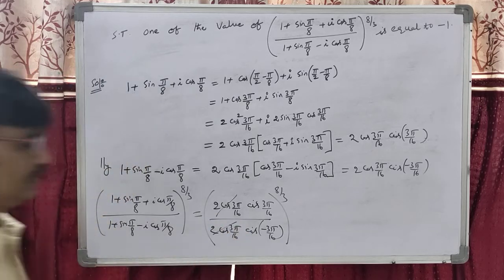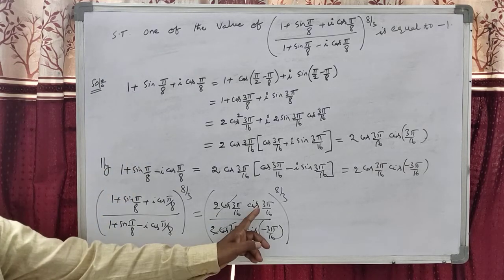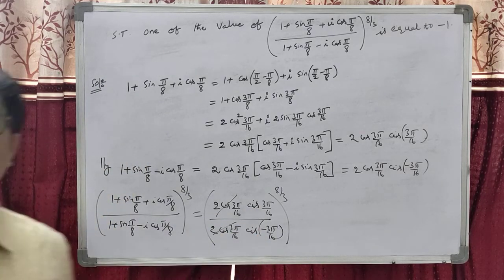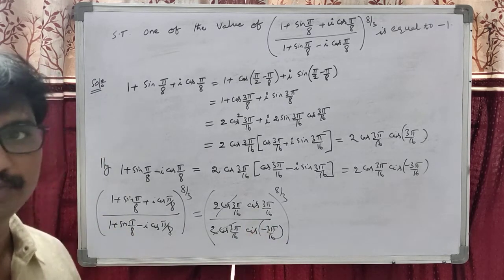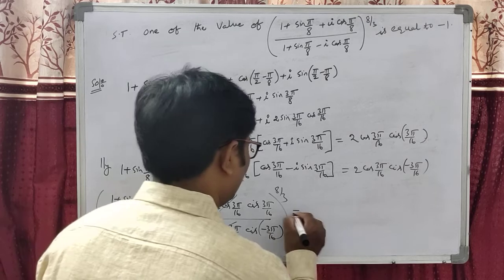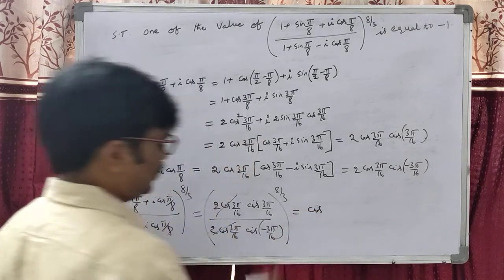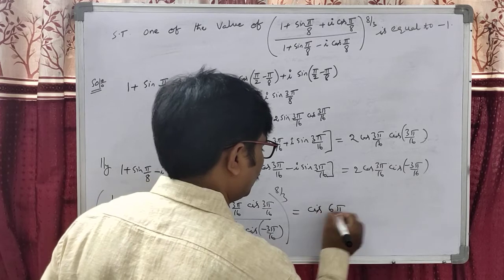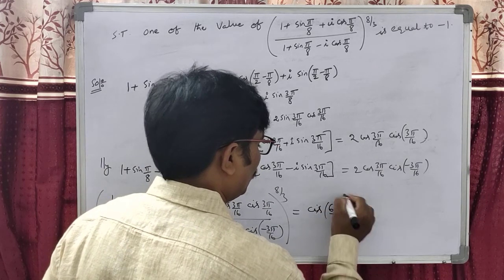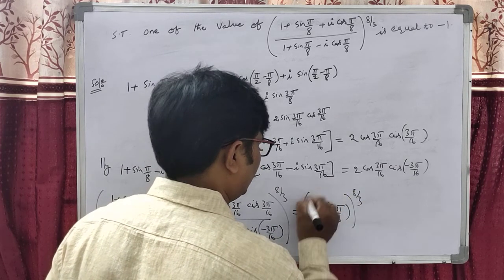These two are cancelled. Cis A by cis B is cis of A minus B. Therefore cis of 6π/16, whole power 8/3.